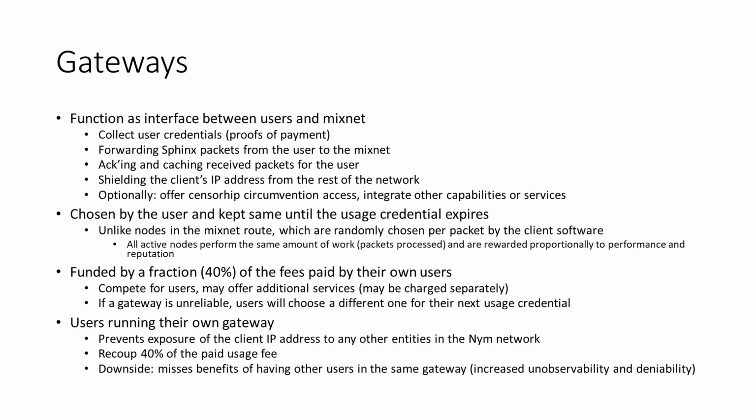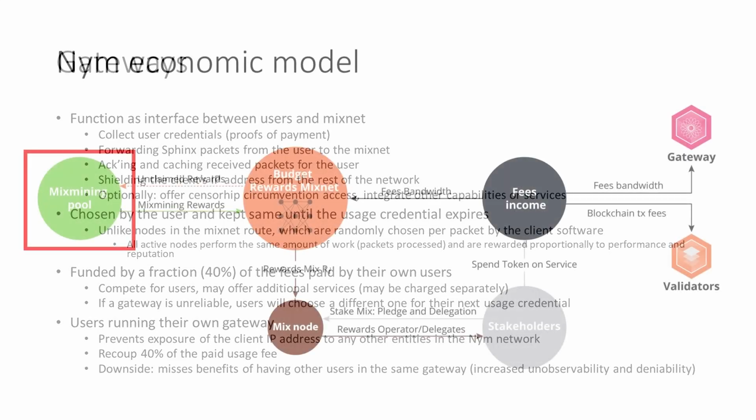If you have your personal gateway and nobody else is using it, then when you're offline, there is no traffic coming from it. When you're online, there is traffic coming from it. So it is a little bit more observable when you're online and offline. Okay, so I go to the next slide now.